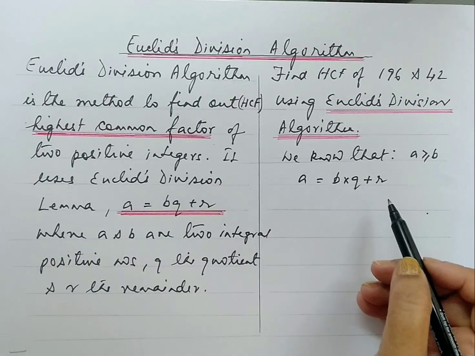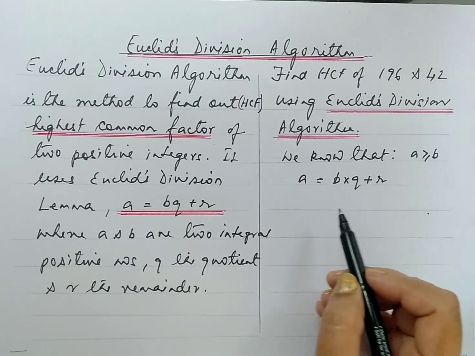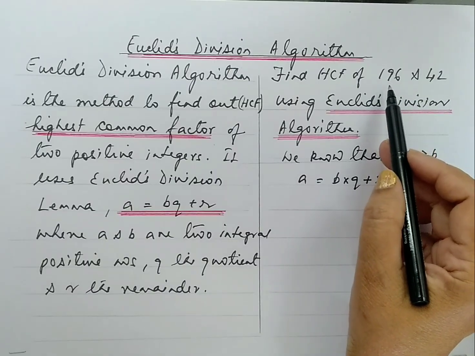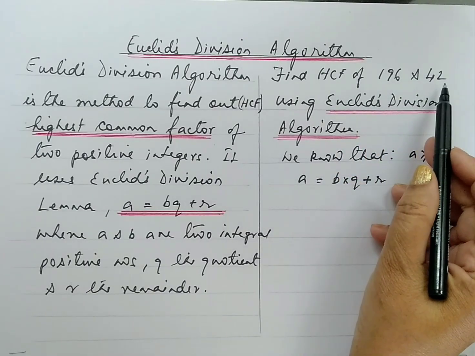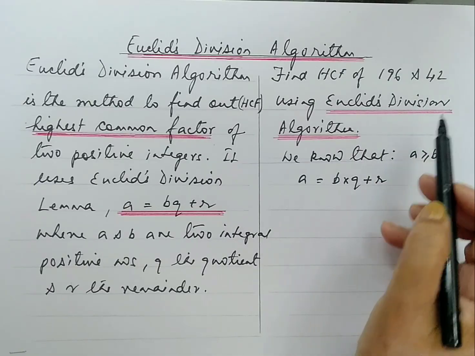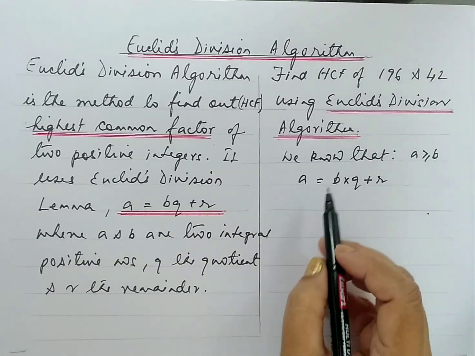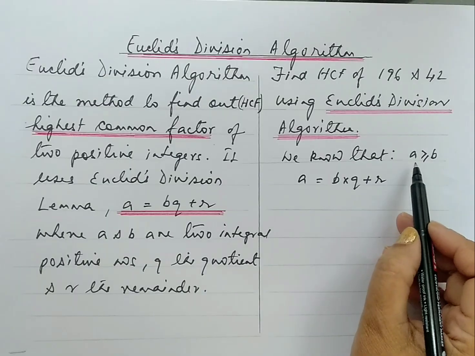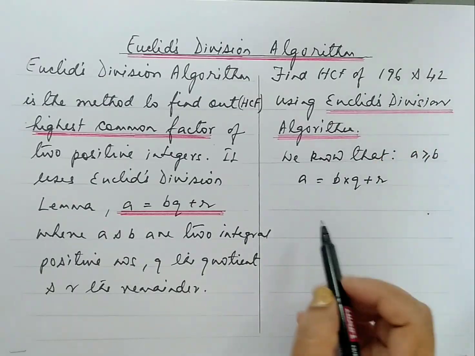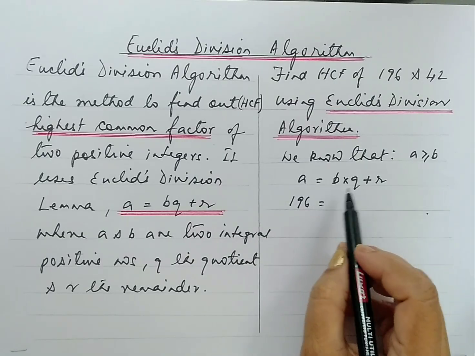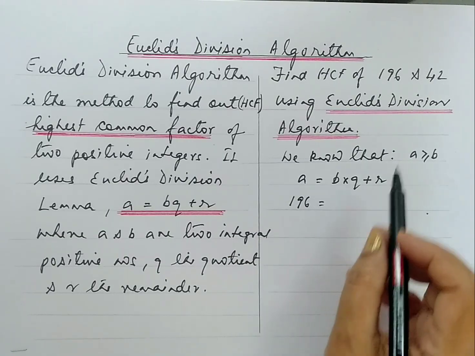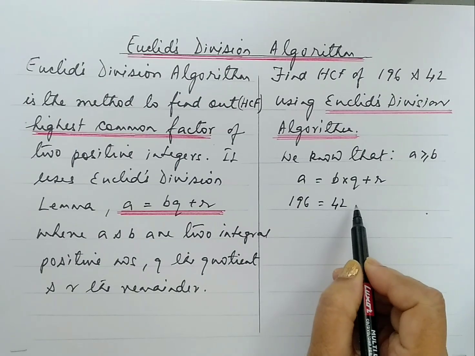No, absolutely not. So over here, we have to find the HCF of 196 and 42 using Euclid's division algorithm. Since we know that 196 is greater than 42, a is 196, and b is obviously 42.